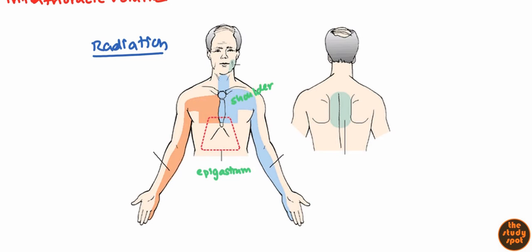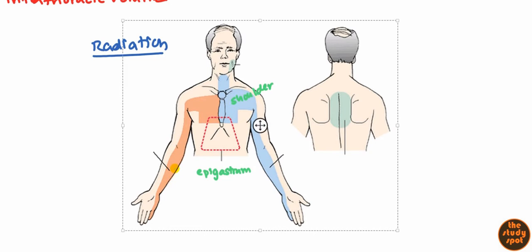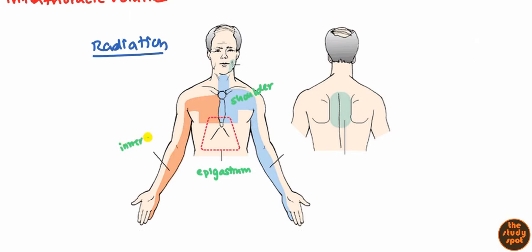Not only that, but you can get it to the left shoulder, which is particularly common. However, not only can it go to the shoulder, but it can go all the way down to the arm and even down to the wrist and fingers. So that's something to remember. And I know typically most people think of it as the left arm, but it can present in both arms. So this is also something that does occur.